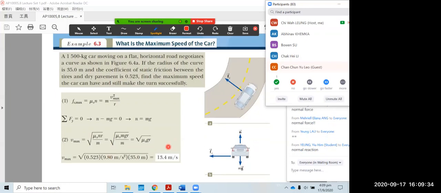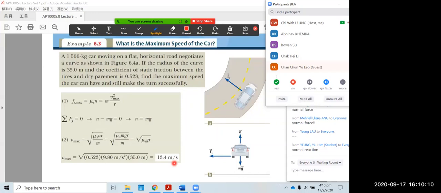So you could put it into the equation and obtain the corresponding equation for the maximum velocity. This one would tell you, in order to take the corner safely without sliding sideways, without sliding out of the path, the maximum velocity you could have is 13.4 meters per second. A quick calculation, it is around 50 or 60 kilometers per hour, not very fast.